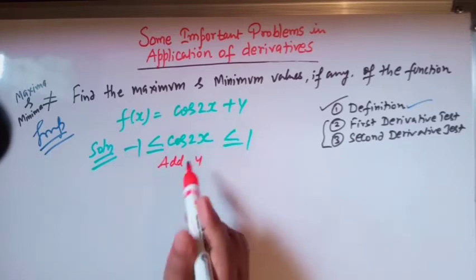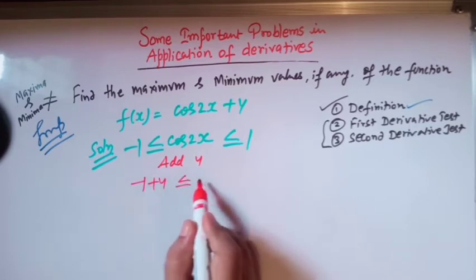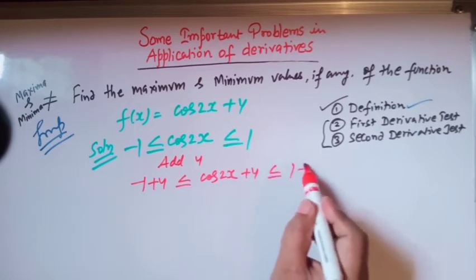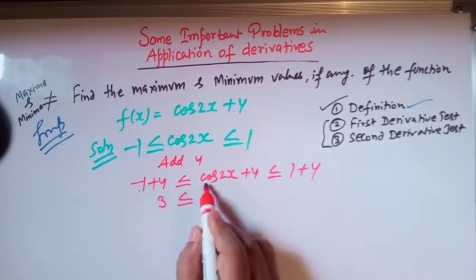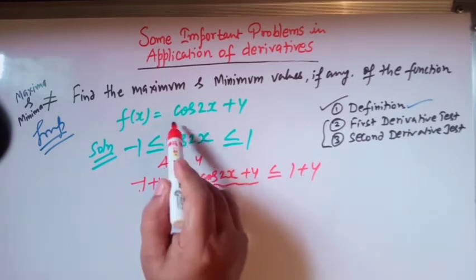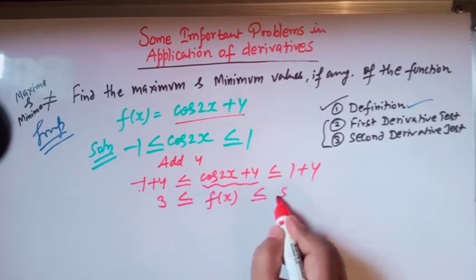So if we add 4 throughout, we have -1 plus 4, and here we have cos 2x plus 4, and then we have 1 plus 4. So this is 4 minus 1, 3, and cos 2x plus 4 is equal to f of x, and here we have 5.